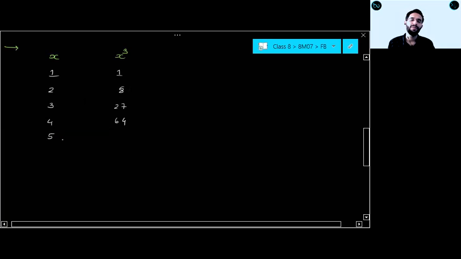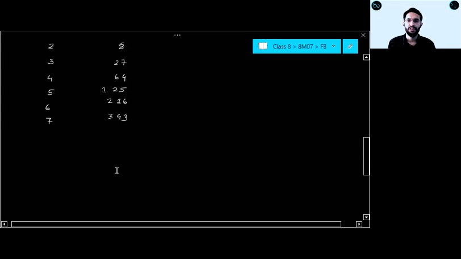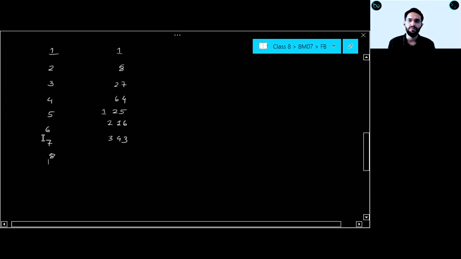What is 5 cube, everyone? 125. What is 6 cube? 216. What is 7 cube? 343. Students are doing great. Next, what is 8 cube? 512.